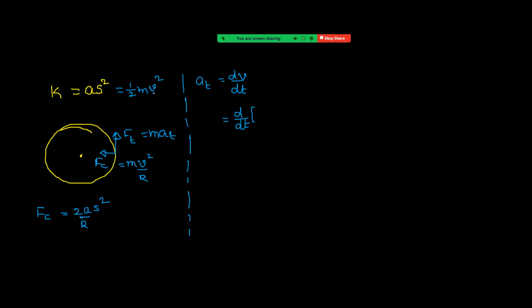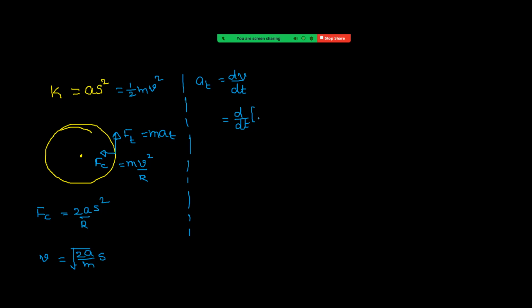In this half m v square, v stands for speed. So from this we can get the speed. So v equals root of 2a by m into s. Okay, that is the v value from the given data.